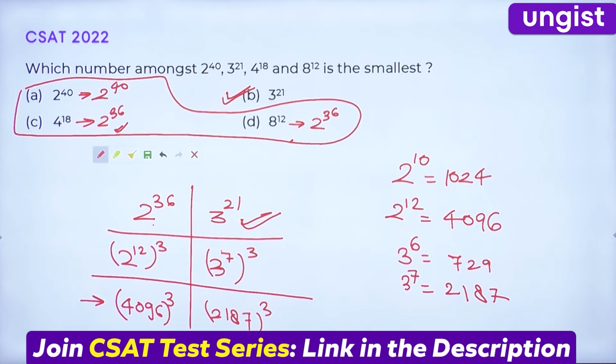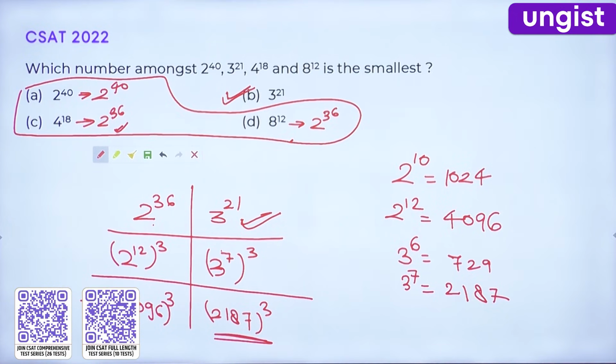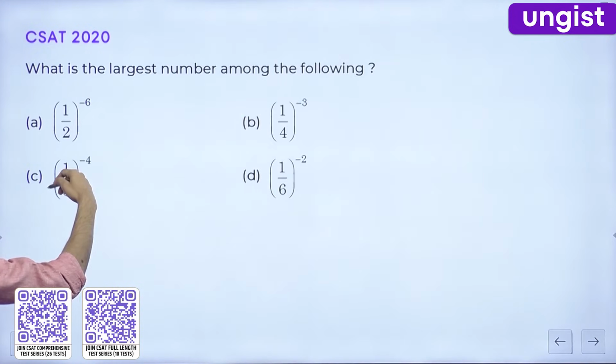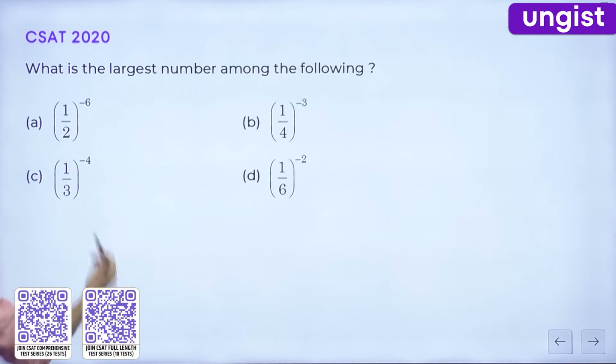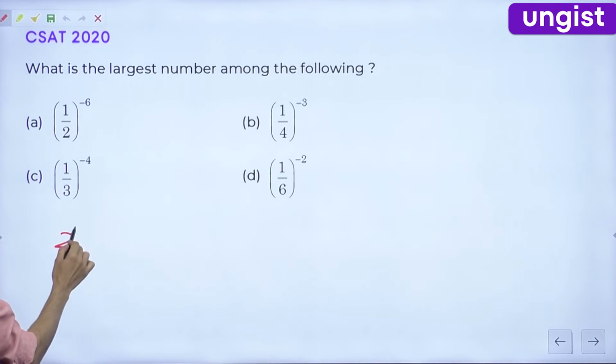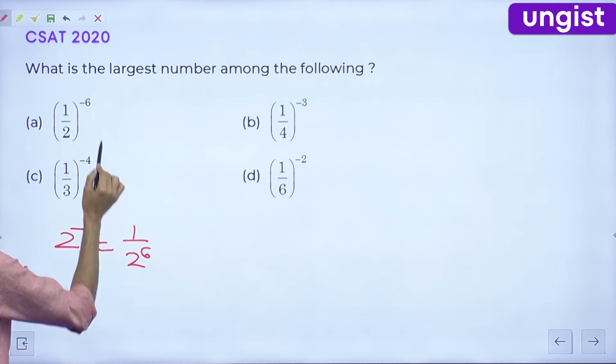Okay, ठीक है. Clear, everyone? All right. हटाऊं इसे? Yes, everyone. मुझे ही बताइए. 2 raised to the power minus 6 is what? 1 by 2 raised to the power 6. ठीक है. अच्छा.